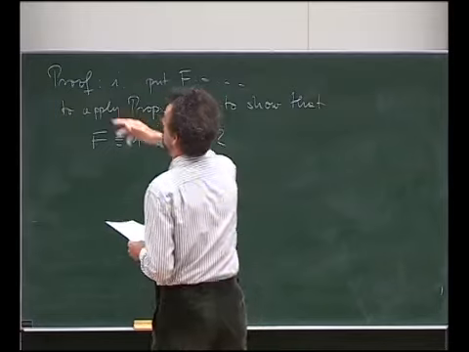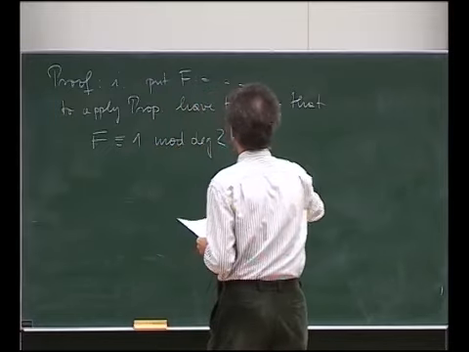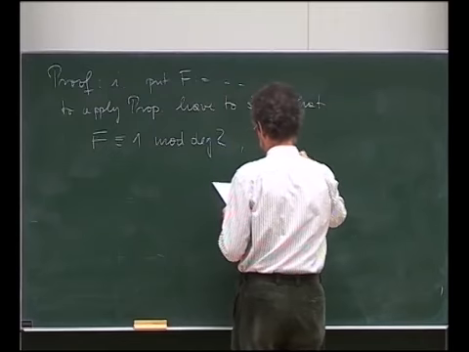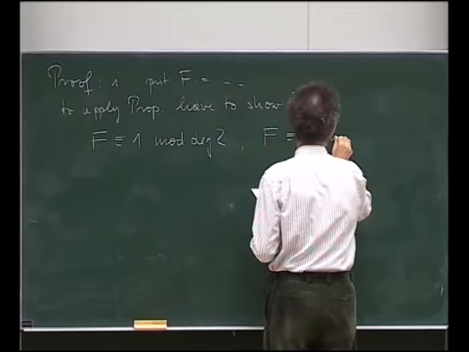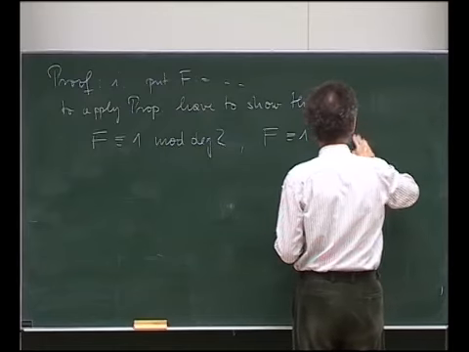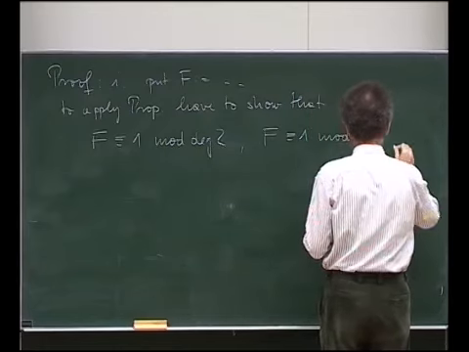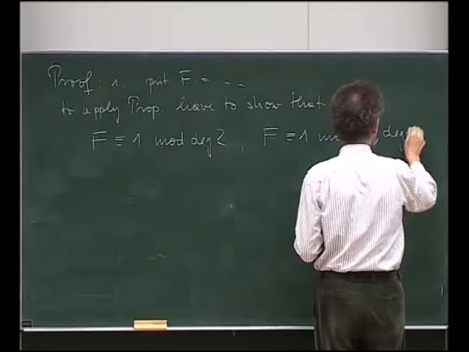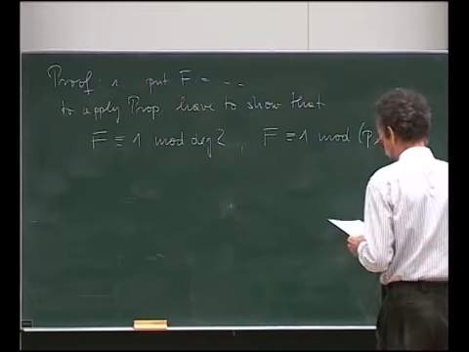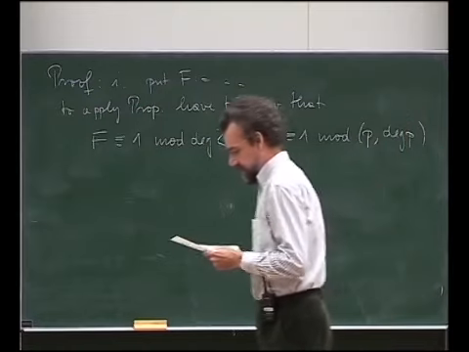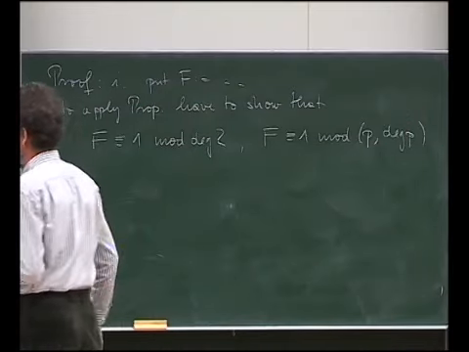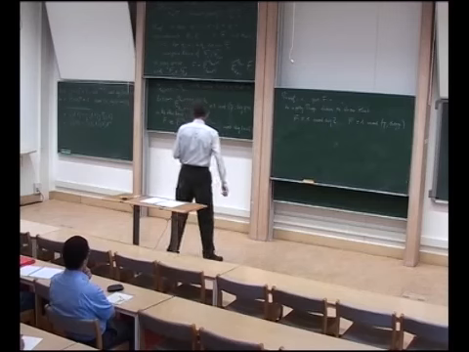So I need that f is congruent 1 mod degree 2. And then l is p, so I also need that f is congruent 1 mod degree p.